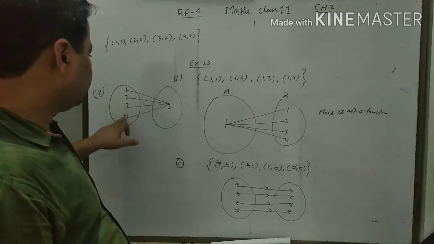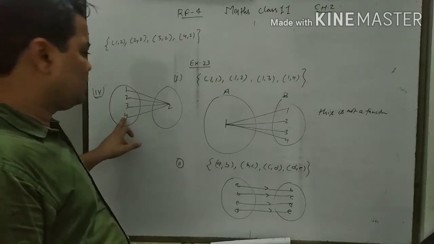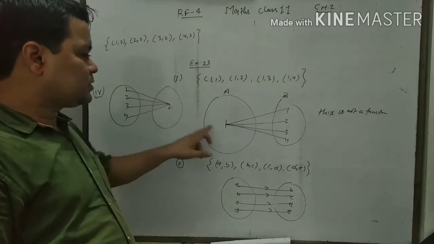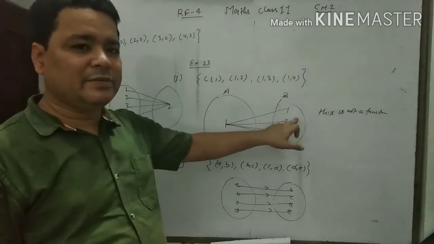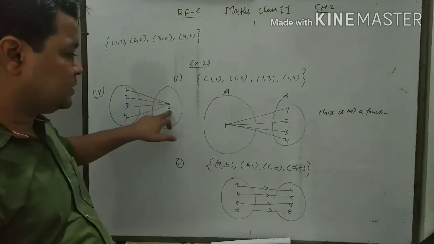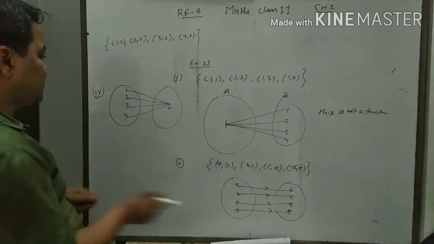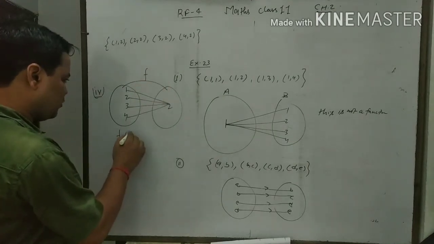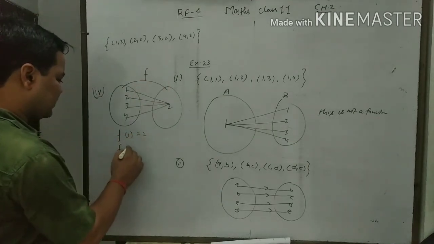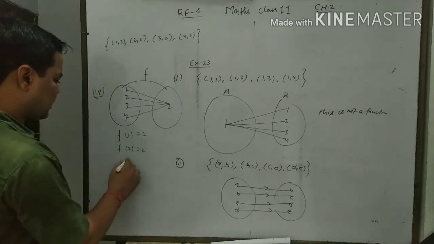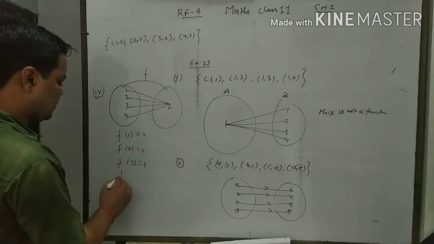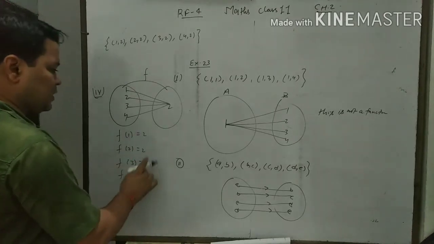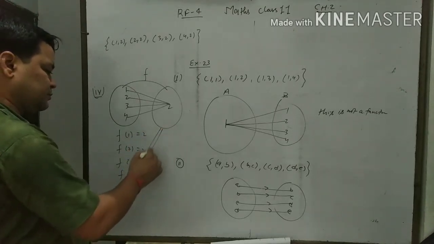Here each element has a unique relation, but in the first one, one element does not have a unique element. Here each has a unique element. If the relation is f, then we can write f of 1 is equal to 2, f of 2 is equal to 2, f of 3 is equal to 2, f of 4 is equal to 2. This type of relation is called a function.